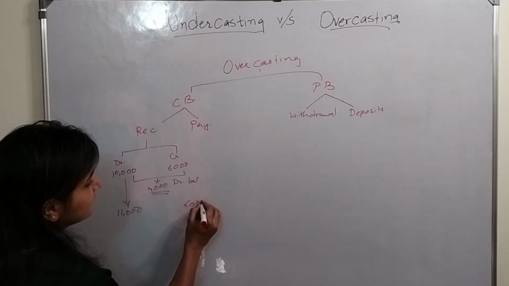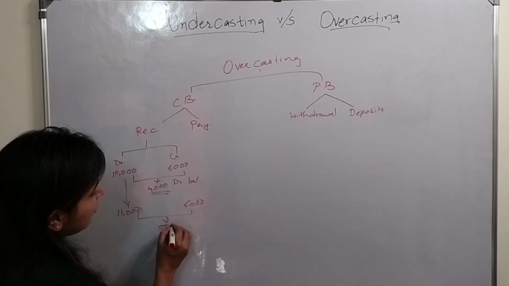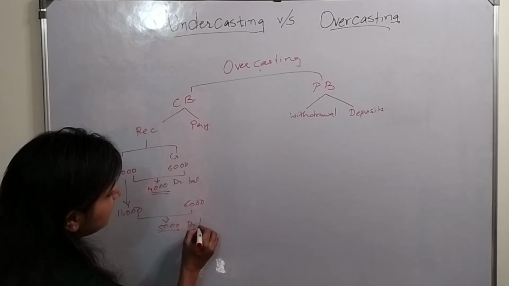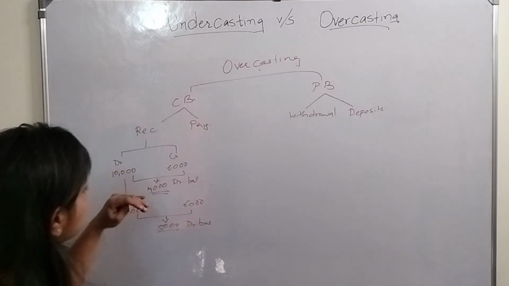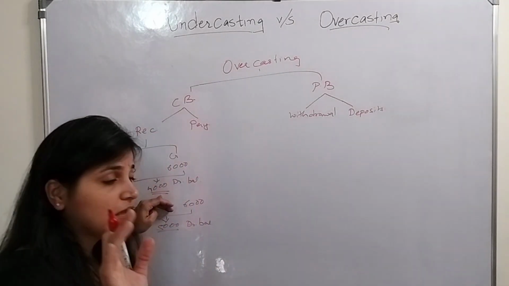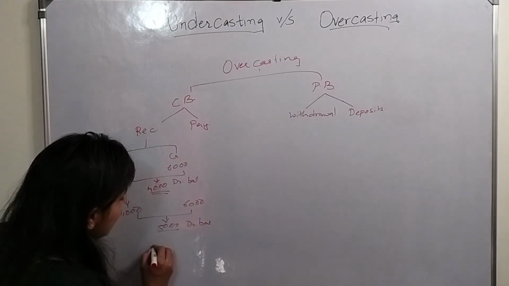The credit side is the same. So my debit balance is showing 5,000, wherein it should actually show 4,000. So I need to deduct 1,000 from my cash book balance.